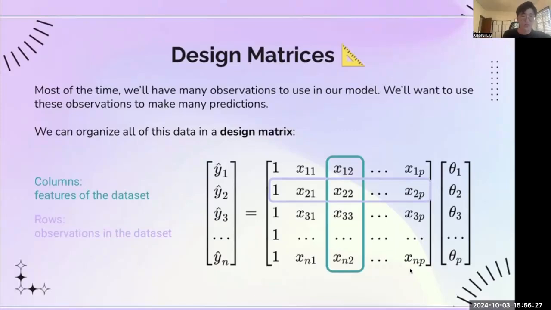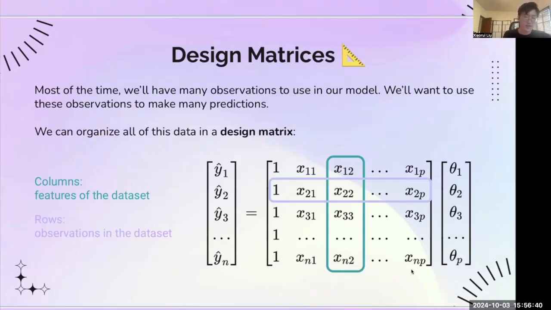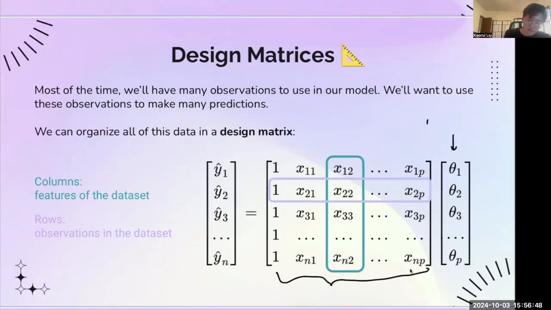Alrighty. So most of the time we'll have many observations we want to use on our model, and we'll want to use these observations to make many predictions. We can organize all of this data in a design matrix. So here we see that this is our features, this is our parameters that we solve for, and this is our outputs or predictions.